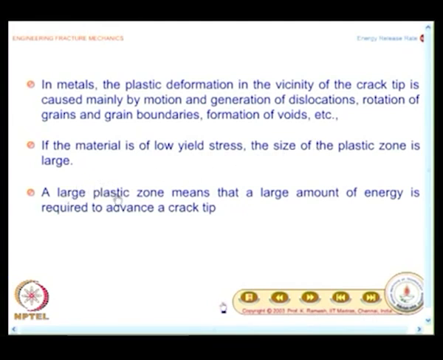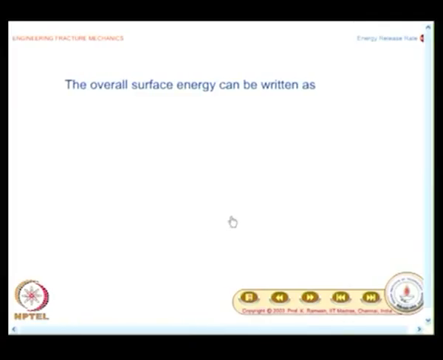A large plastic zone means that a large amount of energy is required to advance a crack tip. So, these are all reconvincing statements. For them to formulate the methodology, they have to convince themselves that there is large value of plastic deformation, and he made a very simple modification to Griffith's analysis. It is a very intelligent step.